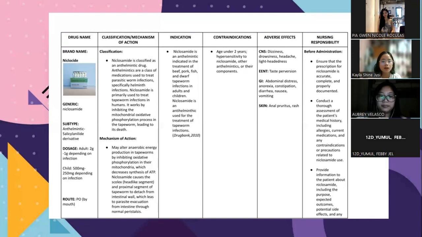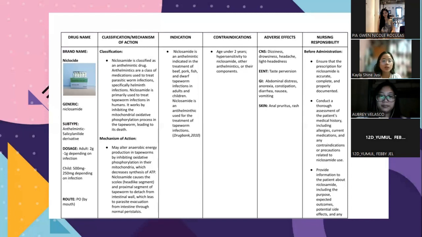In this case, niclosamide targets tapeworm infection caused by different species. Tapeworm infection can occur from consuming undercooked or contaminated meat or fish that contains tapeworm larvae.